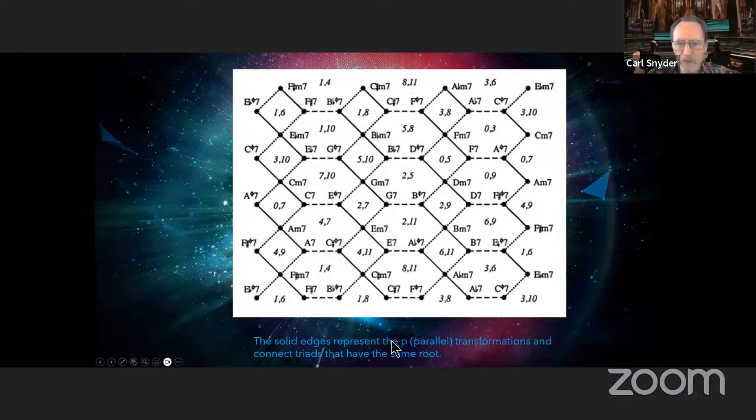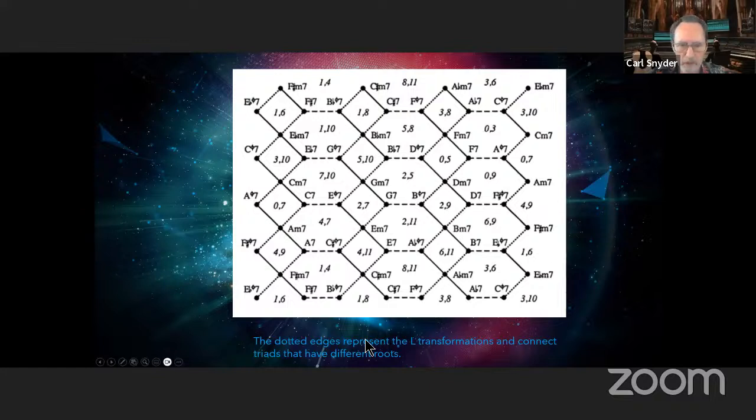The solid edges represent the P transformations and connect triads that have the same root. Okay, so remember C sharp to C sharp minor, that's the parallel transformation. E minor 7 to E7, C, solid line. Now, what else?